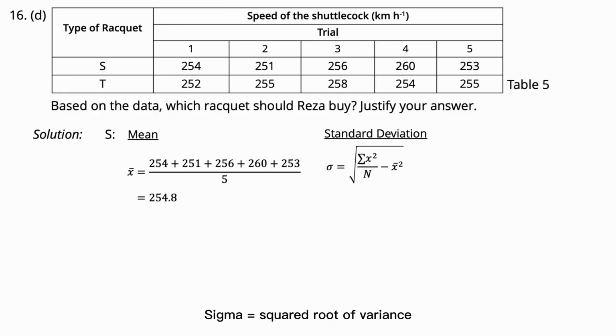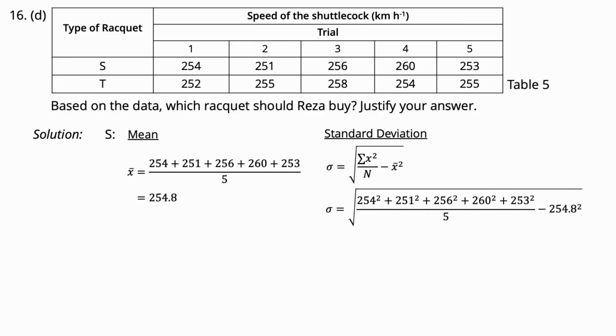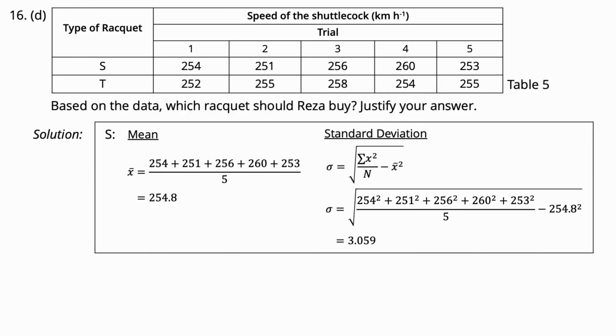Sigma equals square root of variance. Substitute all the data S into the formula. Find the sum of the squares of 254, 251, 256, 260, and 253 divided by 5 minus the mean square, the square of 254.8. Calculate the result. The standard deviation for racket S is 3.059.